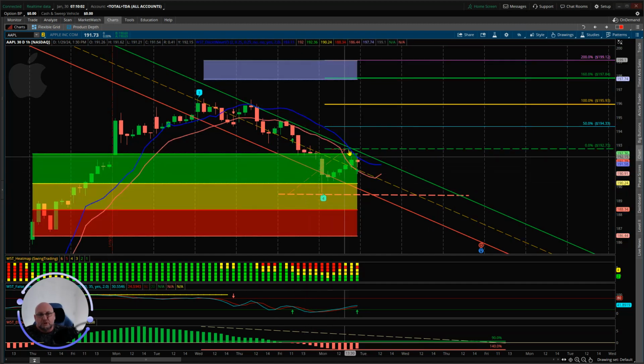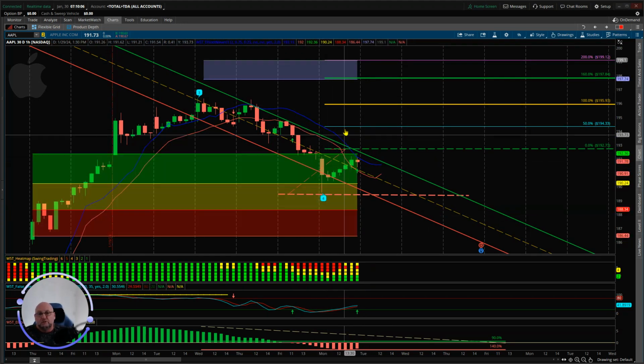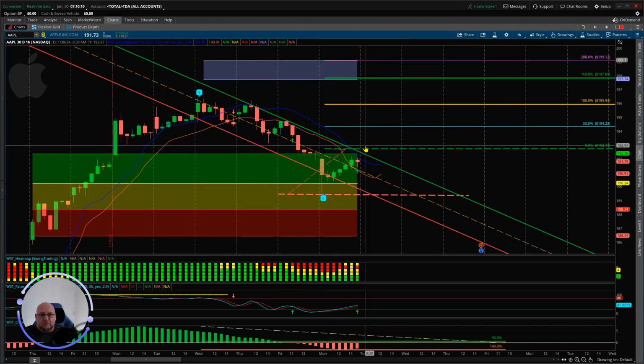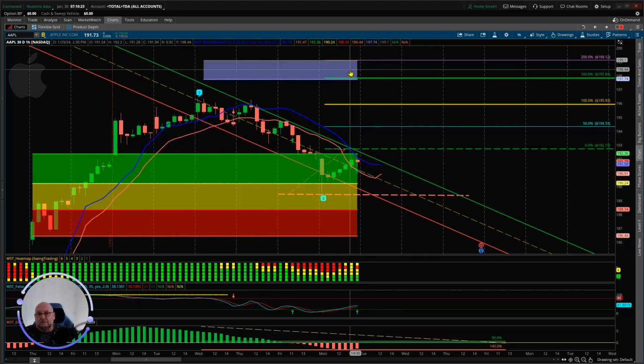Still gives me a risk reward to the top end of that target zone of 1.2 and 1 to 1.6 to the bottom end. So even if I gap up to around about $193 today, that would be my stop market order. Around that sort of price is what I'm looking for, with a move up to the 5th wave zone as a target.